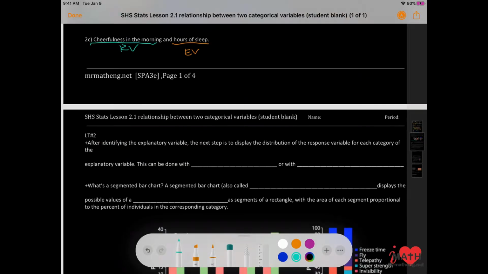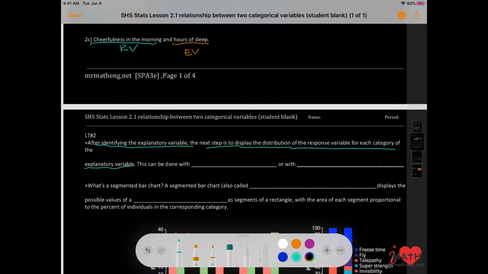All right, so we just did learning target number 1 on page 1, explanatory and response variables. Now we're going to do learning target number 2. So this deals with the relationship between 2 categorical variables. After identifying the EV, the next step is displaying the distribution on the graph for each category of the explanatory variable.